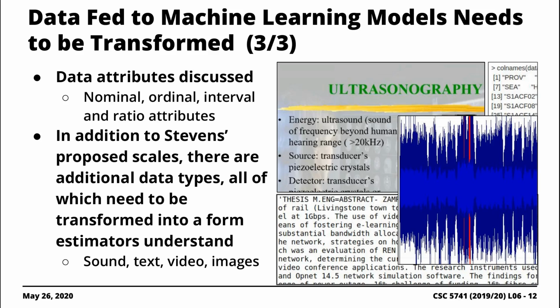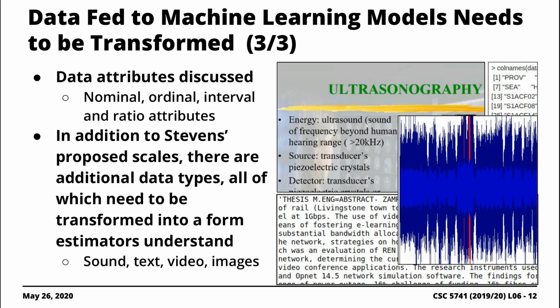Right, so when we're working with text, these estimators, or algorithms, whatever you want to call them, that we work with will not understand this. Right, so all these different data types have to be converted into a form that the estimator is going to understand.